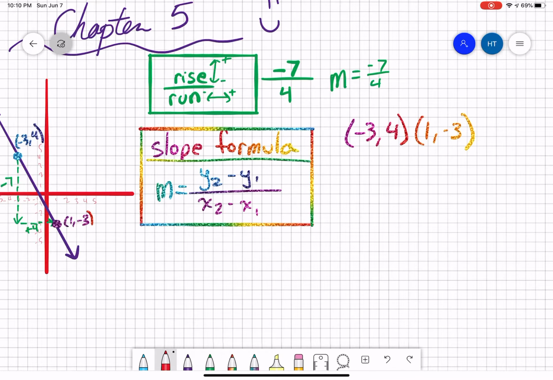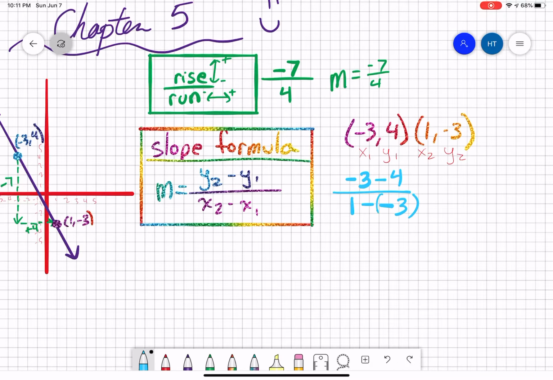Well, let's label this, right? That's my x1, my y1, x2, y2. So I substitute that into the formula and go to solve. Okay, so I have -3 is my y2 minus 4. I put that all over my x2, which is 1, minus, because that comes from the original problem, -3.